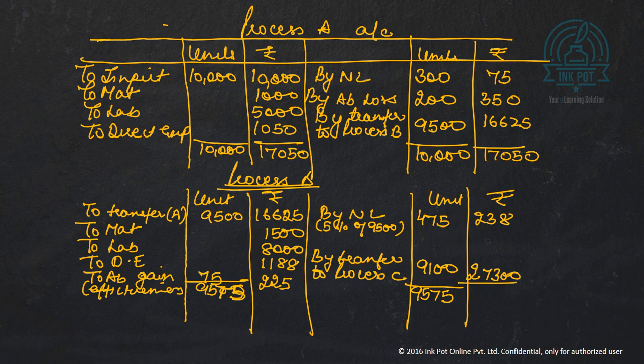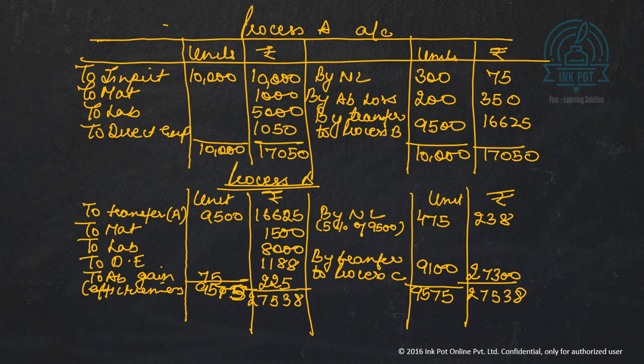And then do the total. So the total here is 27538, right? So this is process B account.